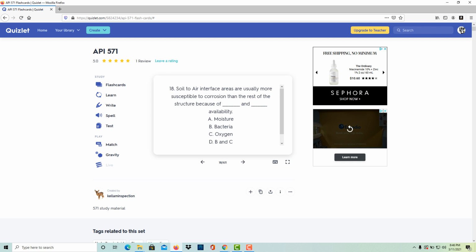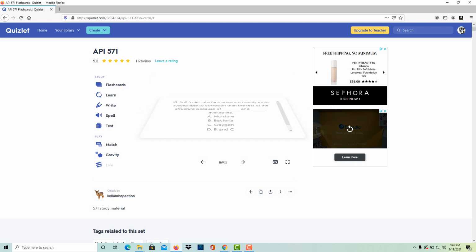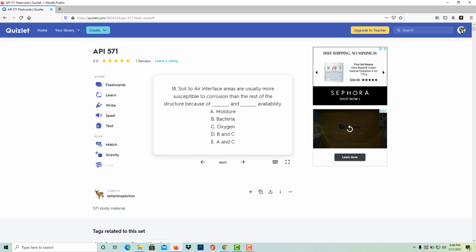Would that be D? E, A and C. I didn't even see that. Moisture and oxygen. And that makes sense. If you're at the surface, the dirt's going to be damp and there's going to be oxygen because of the air around it.